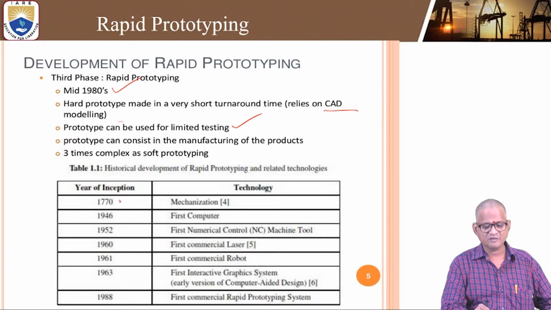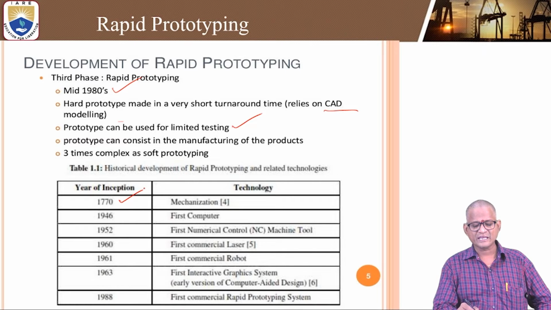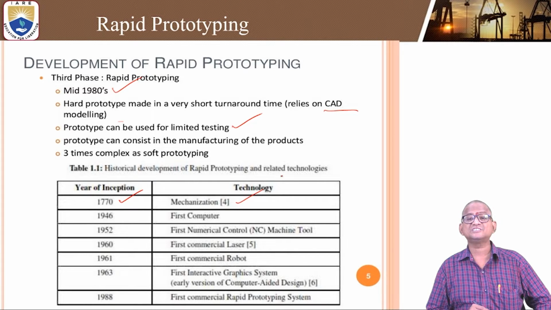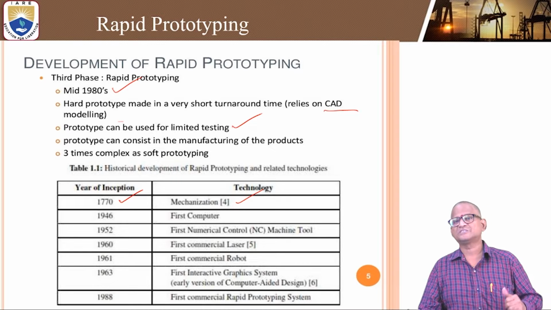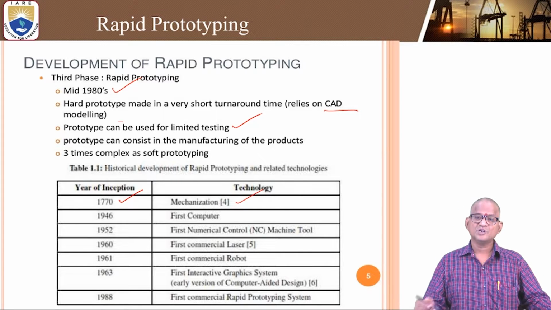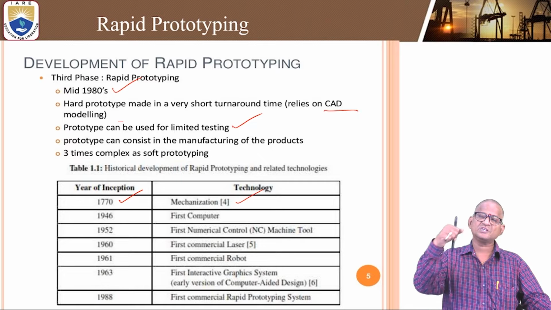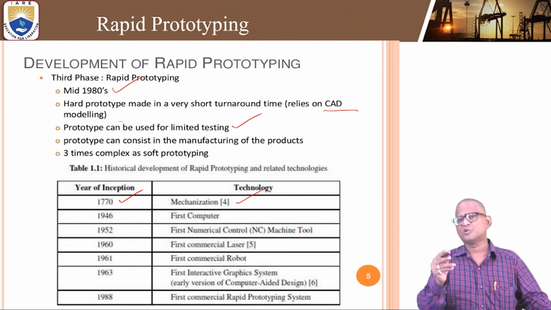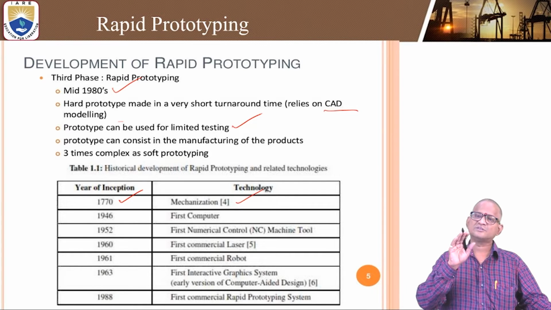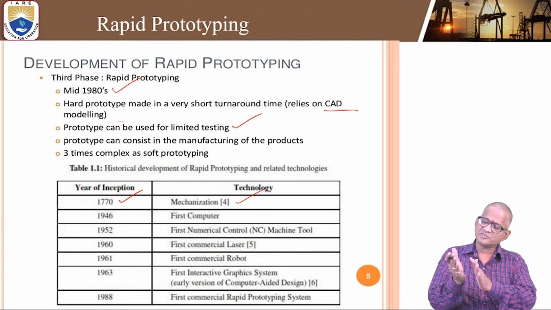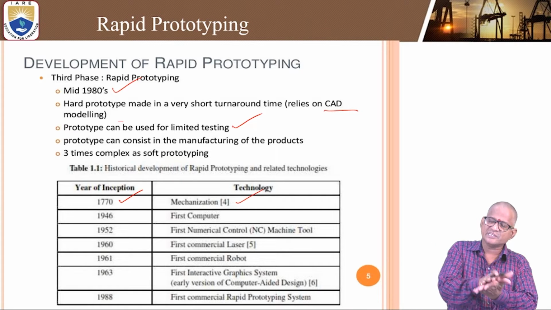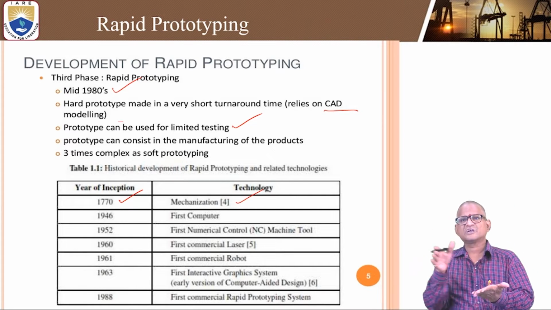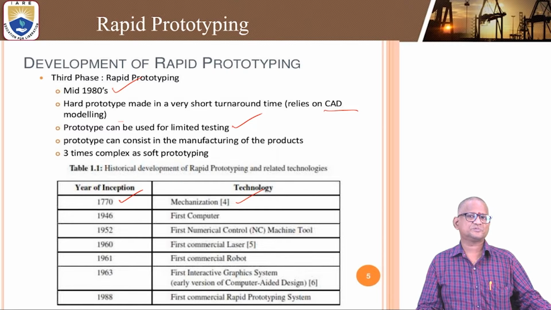First, in 1770, mechanization, where all things were mechanical. Take the printing press, for example. The printing press was first rotated manually, and after that a motor was used to rotate the wheel. Then only the pressing machine printed the letters on the paper, and by using color, we get 2D printing.